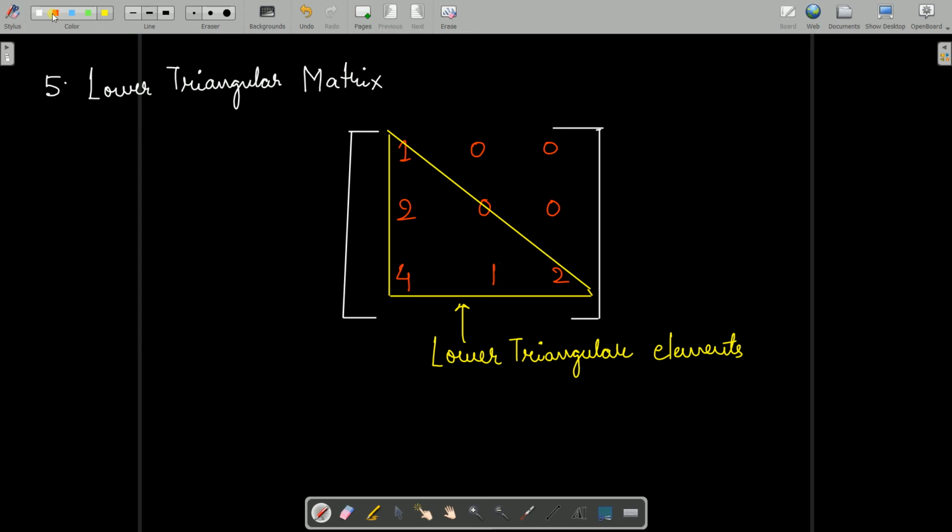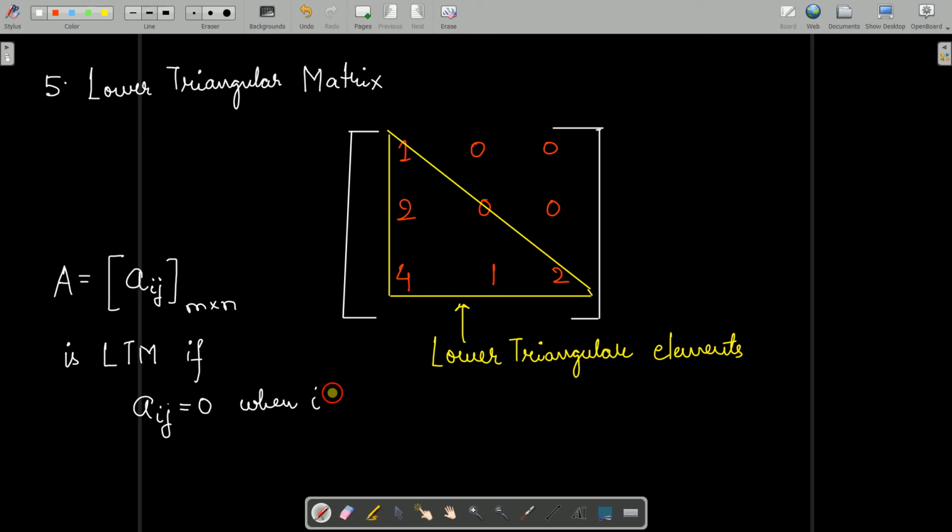In short, I can write it symbolically: A is equal to Aij, of order m cross n, is a lower triangular matrix when your Aij value turns out to be 0 when i is less than j. What do you mean by i less than j?